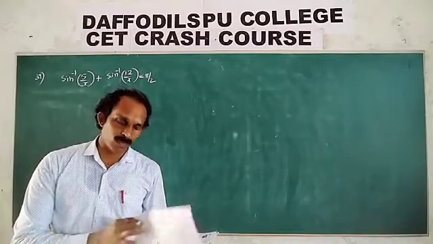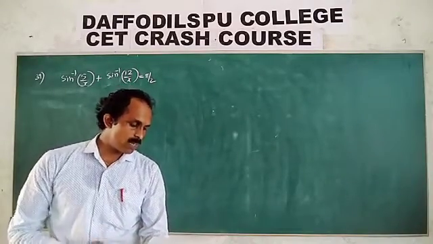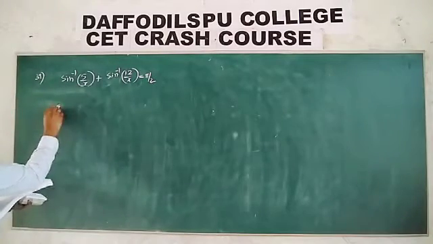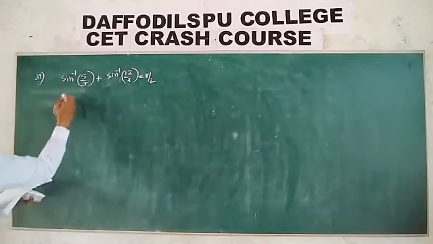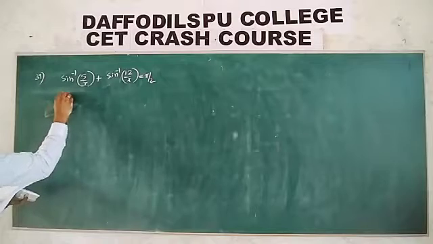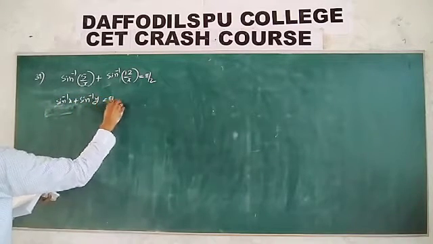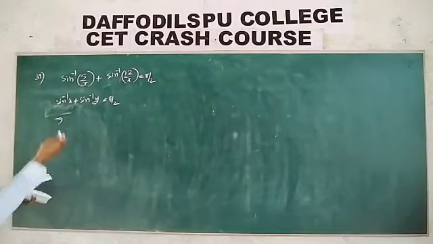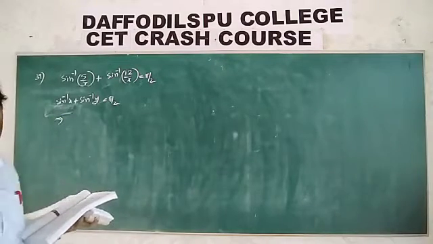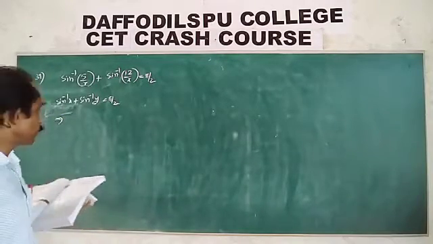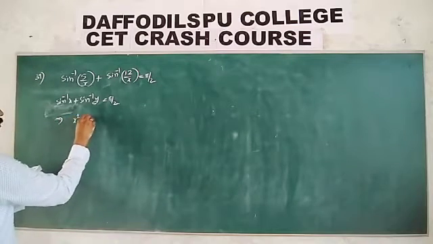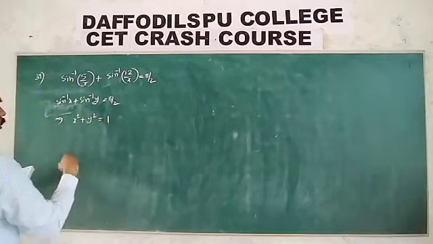You know, sin inverse x plus sin inverse y is equal to pi by 2 is proved by applying the sin inverse x plus sin inverse y formula, and we get the answer x square plus y square is equal to 1.